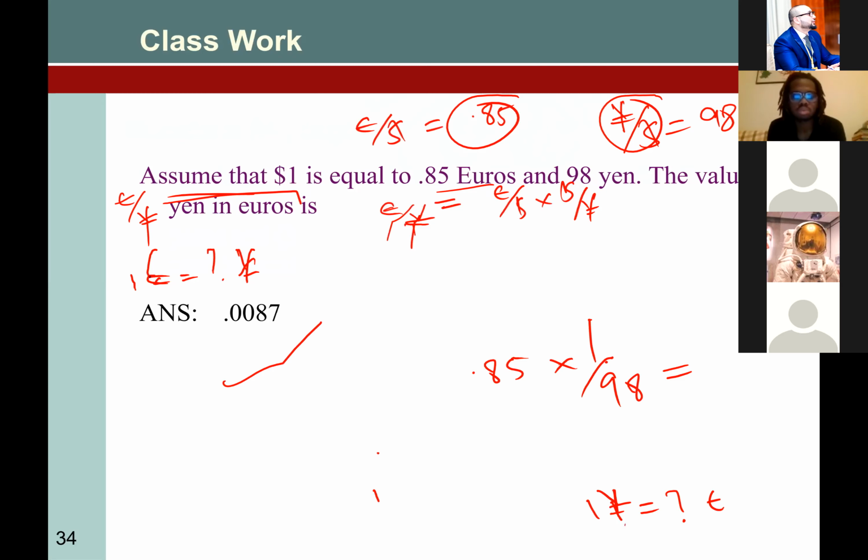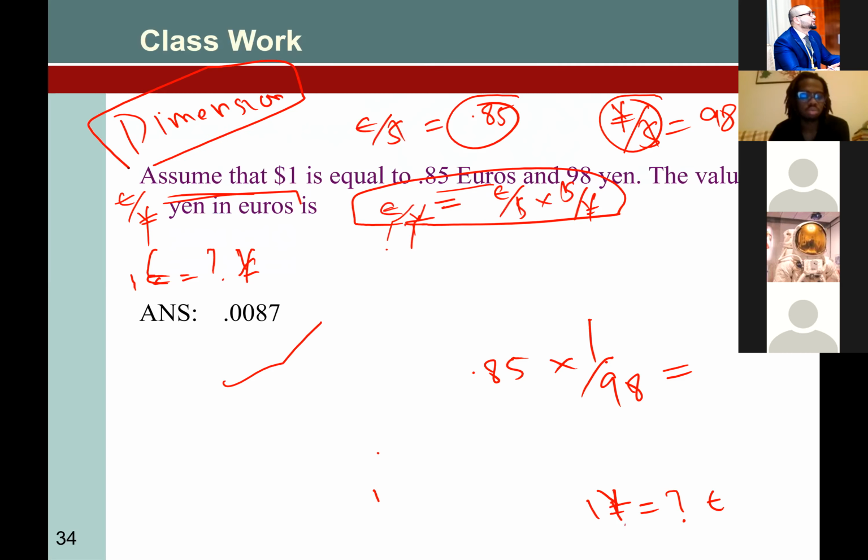Understand? So that's why I told you to use the dimension method. That would be very easy for you. That's the name, right? Dimension method. Okay, thank you. Normally we use it in physics to find out the dimensions.